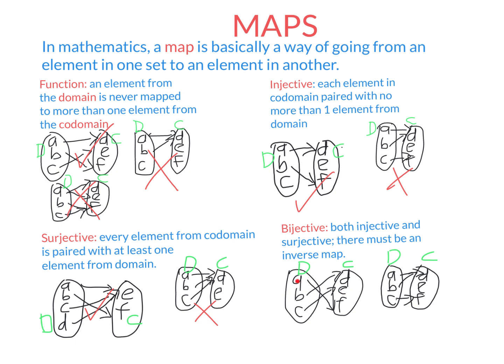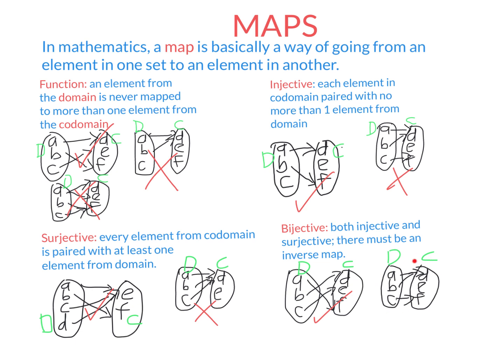You can see each element in the domain is mapped to one and only one element in the codomain. Bijective functions are nice to work with because if a function is bijective, there is an inverse map. It means if you know the output, where we ended up, then you can trace back and find the input.